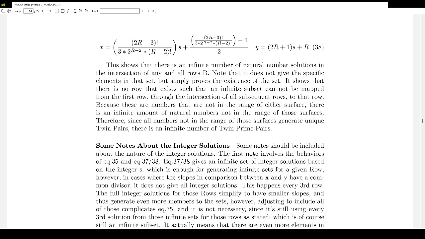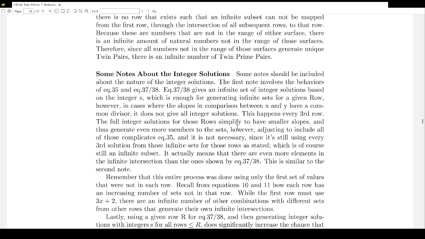We just want to show that there's an infinite amount. However, adjusting to include all of those complicates equation 35, and it's not necessary since it's still using every third solution from those infinite sets for those rows as stated. So in those rows, when that happens, it's actually skipping every two of the solutions that it could use, but it doesn't matter. We just needed the third one.